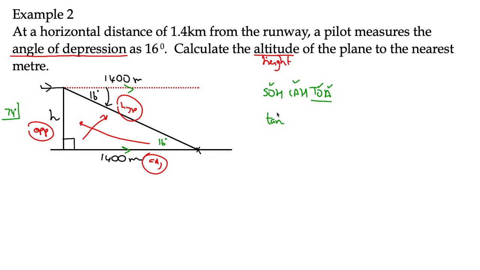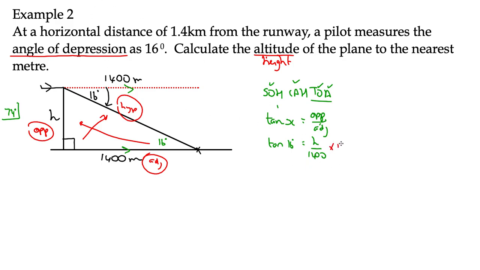That doesn't mean it's always the case. It just happens these examples here are tan x equals opposite over adjacent. Substitute in: tan of 16 degrees is equal to h over 1400. See, it said to the nearest meter, so I've just changed it to meters so that I'll just round it to the nearest whole number then.